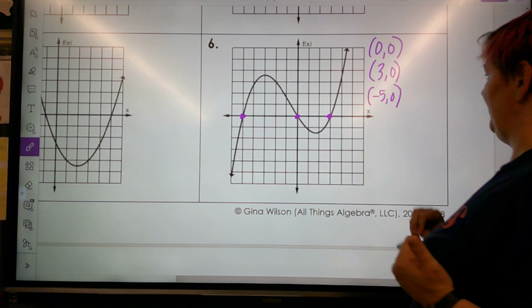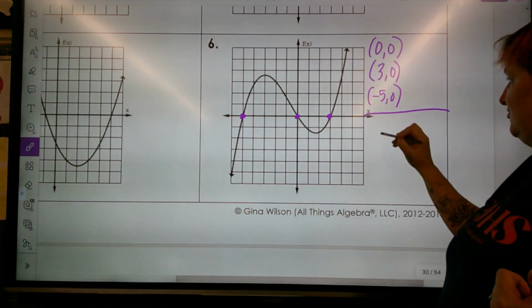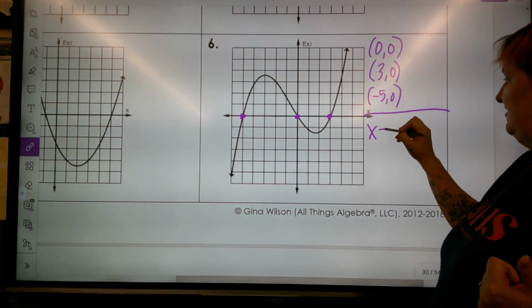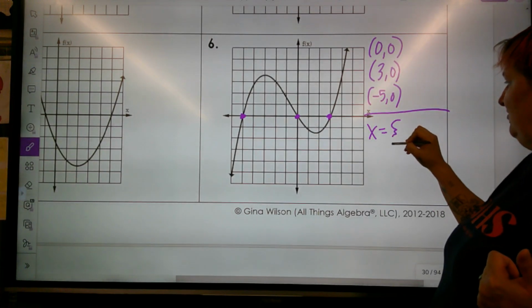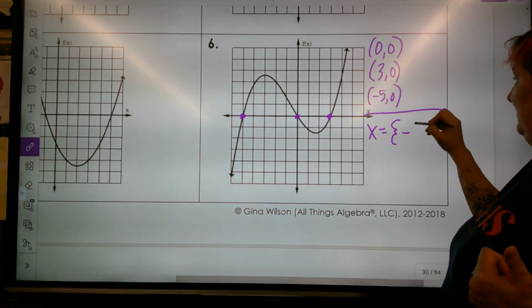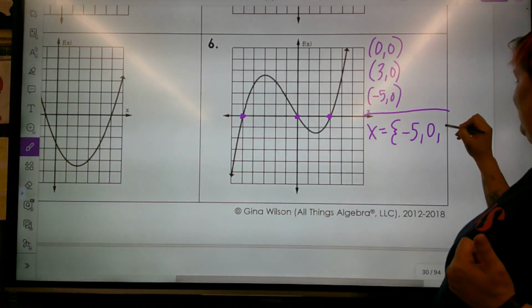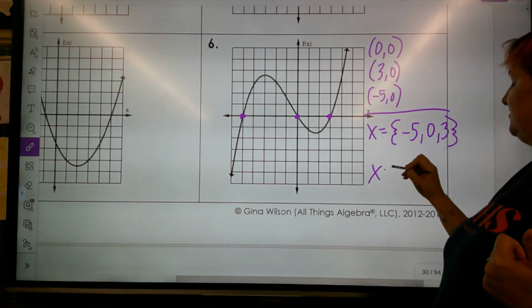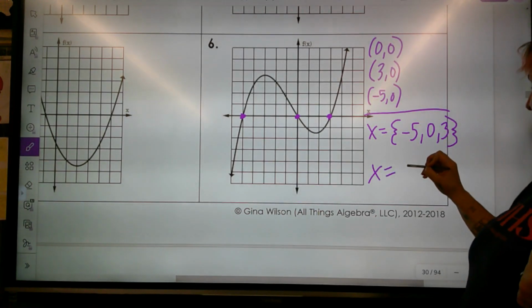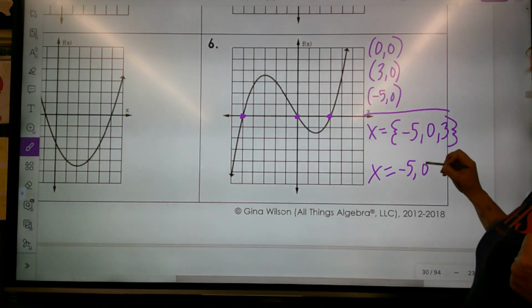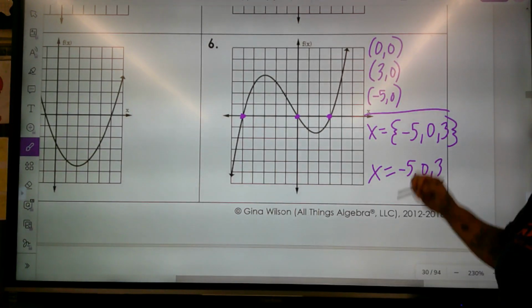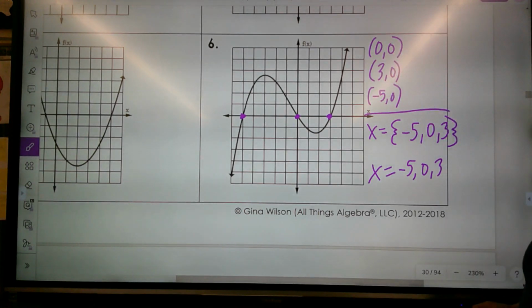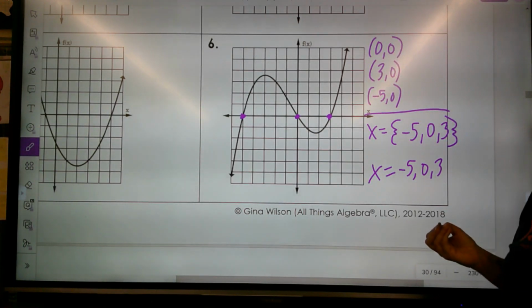Those are our ordered pairs. Let's do the solution set. Right? Our zeros are -5, 0, and 3. And then let's do roots. Right? It could be -5, 0, and 3. All the same information, just different ways to write it.